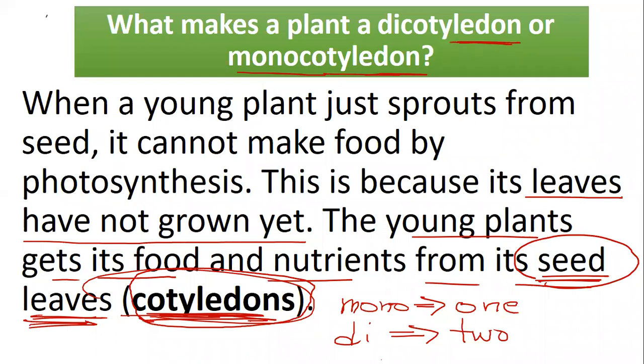I hope you will study your lesson about monocotyledon and dicotyledon, because I will ask many questions starting on Monday. What makes a plant a dicotyledon or monocotyledon? Again, cotyledons means seed leaves. Mono means 1, di means 2. Do you understand?